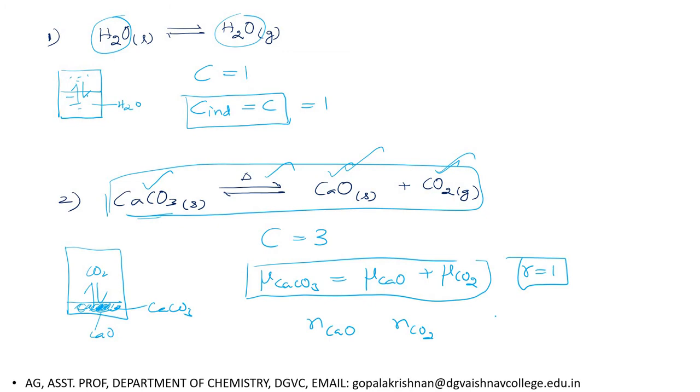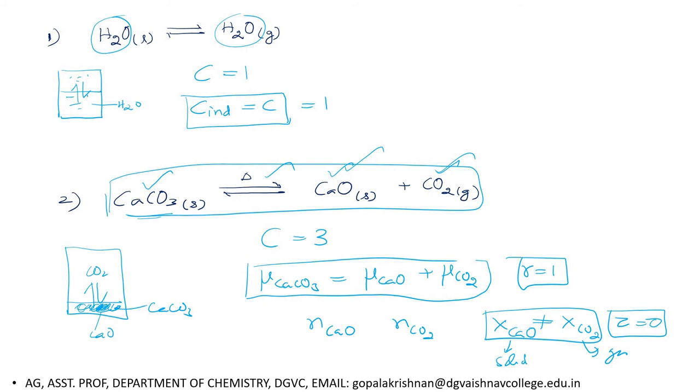the mole fraction of calcium oxide and the mole fraction of carbon dioxide, they are not equal in this case. Why? Because calcium oxide is a solid and carbon dioxide is a gas. Since these two are not equal, we don't have any additional conditions. So in this case, Z equal to 0. I'll repeat, when there is a chemical equilibrium reaction, you have to look at whether an additional condition exists or not.